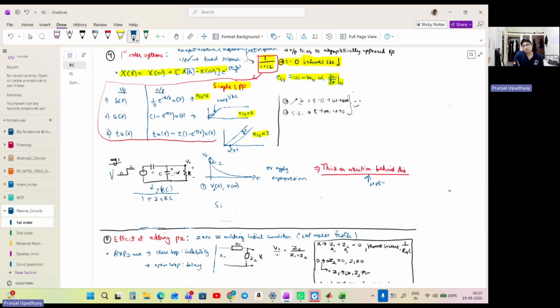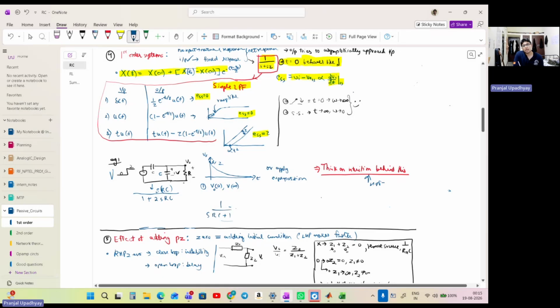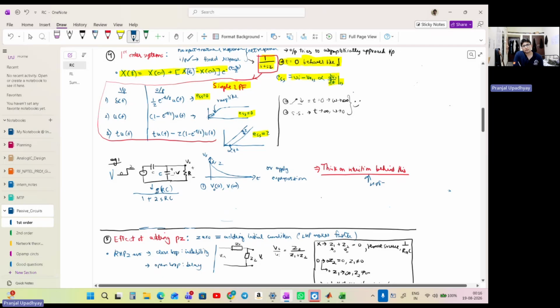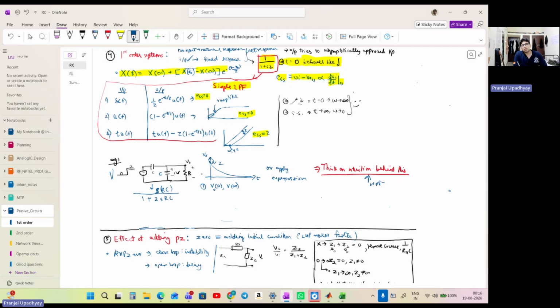Why am I saying it will become zero at infinite frequency? Because intuitively also you can understand that at infinity this will short, and so this parallel combination will be zero, and also by the transfer function you can understand that, right? And thus the zero will be at S equals minus 1 over RC.